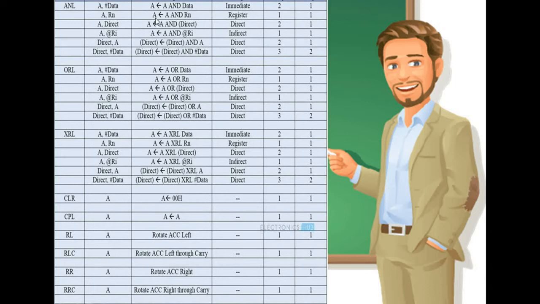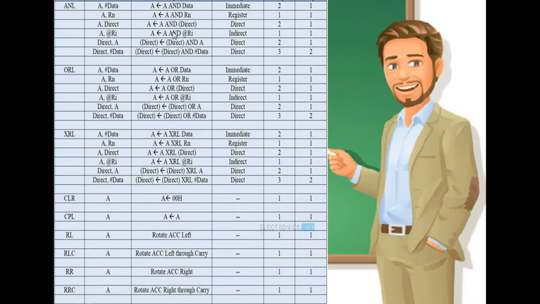AND logic, ANL A, Rn, it performs AND of the contents of the register with A. Here ANL A, direct. The direct addressing mode goes to a particular register, and the contents of that register will be ANDed with the accumulator.